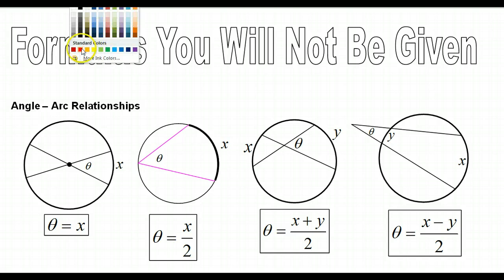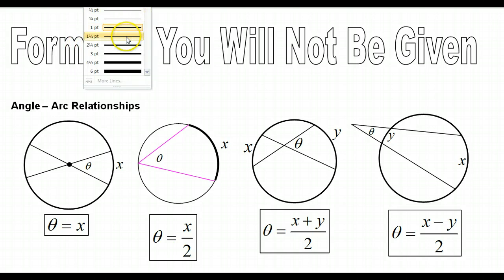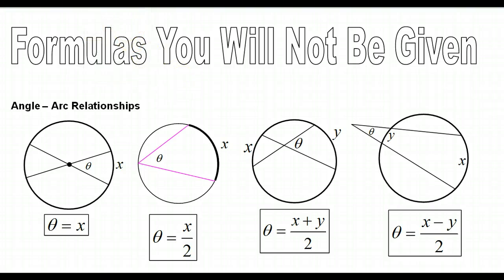So just to be clear, the two arcs that I'm talking about are these arcs right here. So this is one arc, and this is the other arc. Okay, so this angle right here is going to be the average of these two arcs. So the angle is the one arc plus the other arc divided by 2.